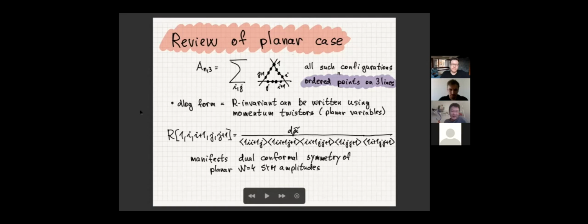The points are ordered. One comment: we will be doing everything in lambda, lambda tilde space, but of course these R invariants can also be written in momentum twistor space using these planar variables, and then they manifest the dual conformal symmetry, or the dual super conformal symmetry, of planar N equals 4 super Yang-Mills. So they are important objects.